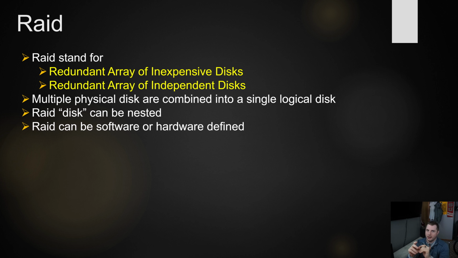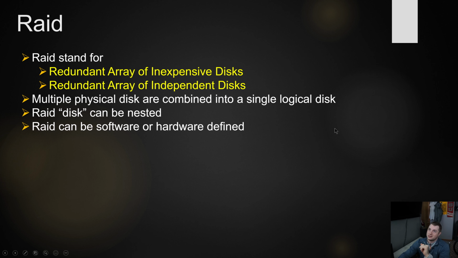You can be as performance heavy as a pure stripe, where you stripe all your data to all the disks, or you can be as redundancy heavy and just mirror all your data to all the disks. Obviously, those are the extreme ends of the pendulum swing.